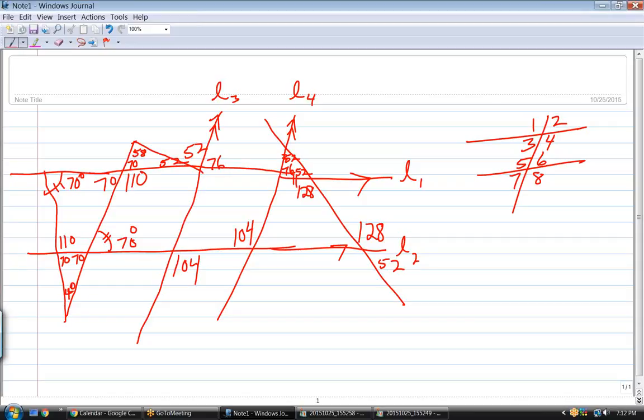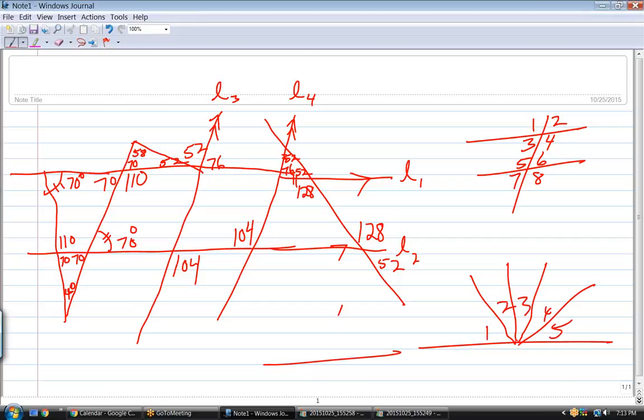180 is the magic number. If you have a line segment like this and you have 5 different angles, 1, 2, 3, 4, 5, they have to add to 180, no matter how many you have. In other words, if you just have one, they have to add to 180.